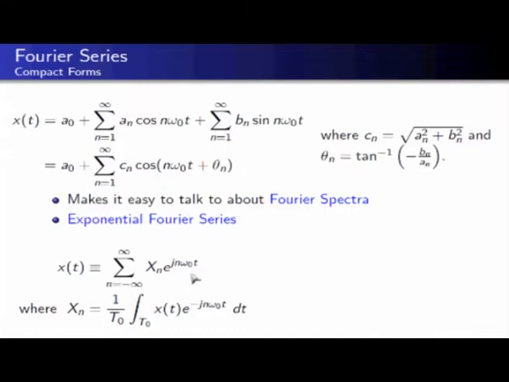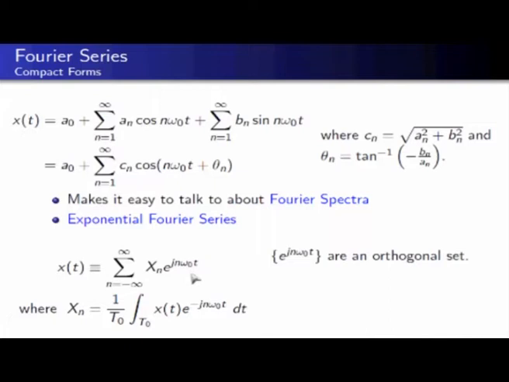over one period. This is a very compact form, and the relationship is quite easy because, just like cosine and sine functions were an orthogonal set, this set of complex exponentials e raised to j n omega naught t, everlasting complex exponentials, is also orthogonal.